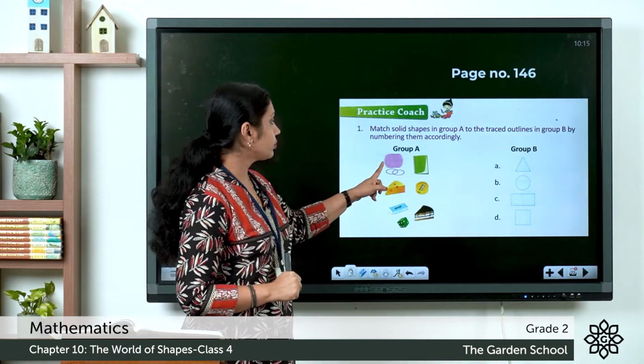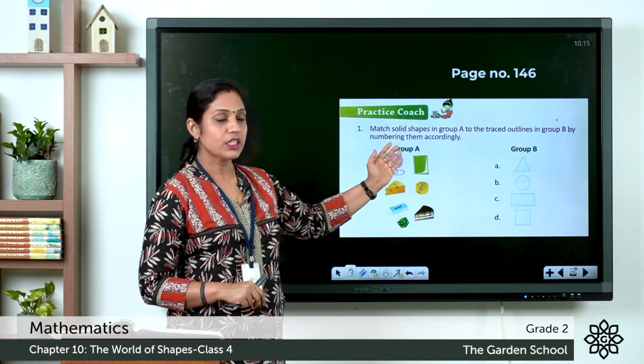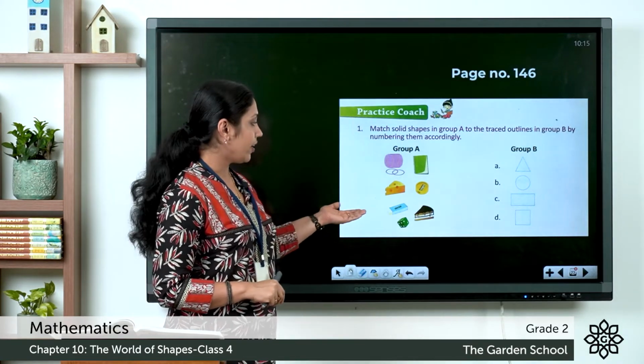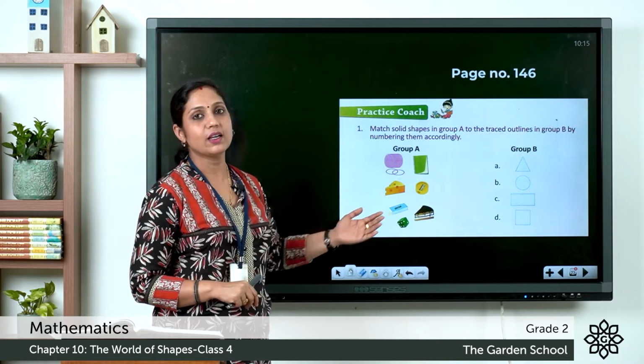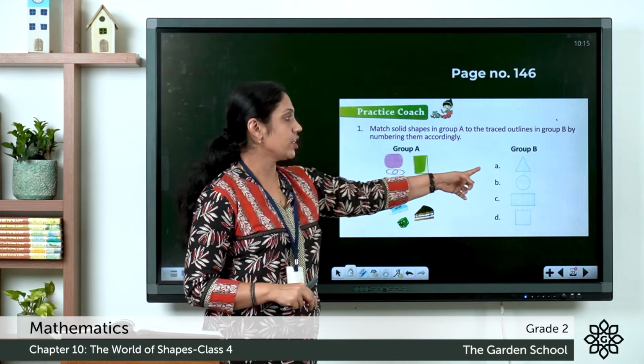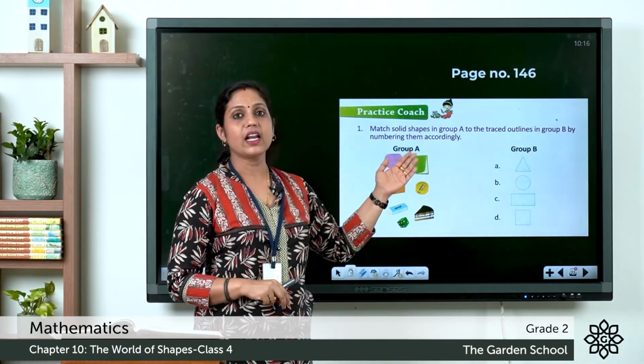So look at here. In group A, we have bangle, book, a piece of cheese, sharpener, eraser, dice, and a piece of cake. Now we have to trace the outlines of this and match here. To group B, we have triangle, circle, rectangle, and square.